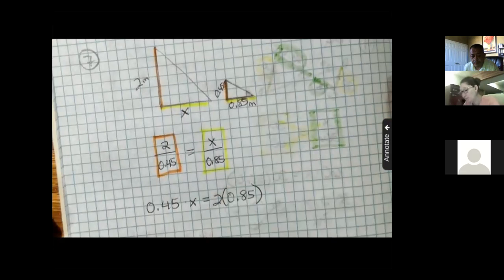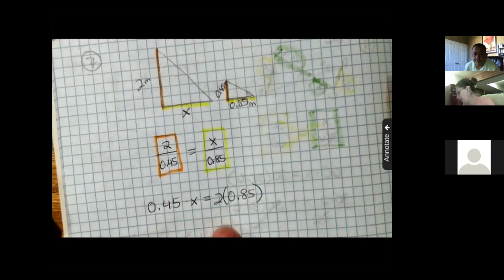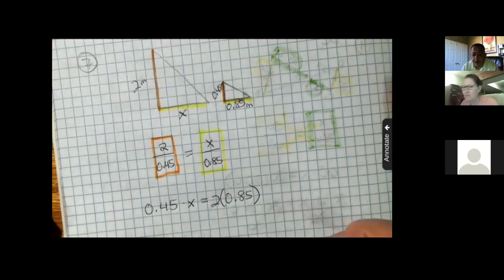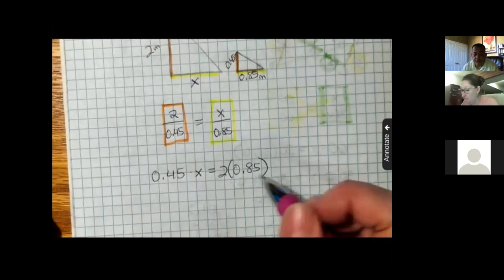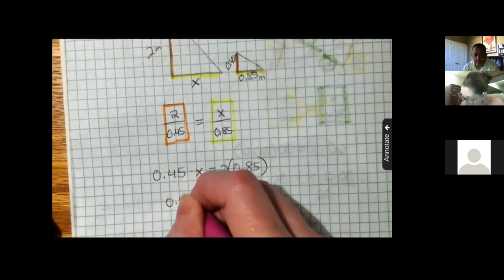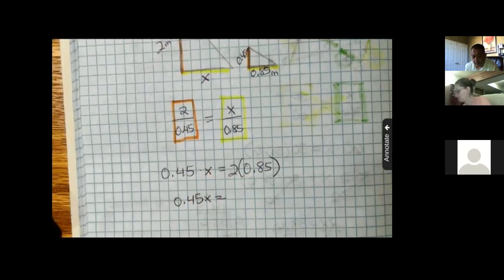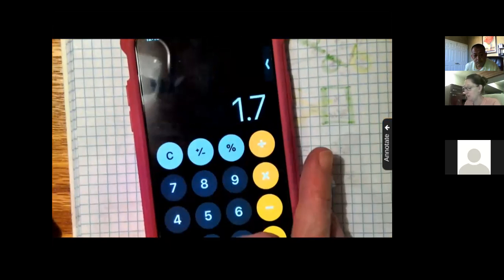In this case, we only have one number on each side. Because we cannot factor decimals, what I recommend is to actually use a calculator. So I'm going to take 2 times 0.85, which is 1.7.